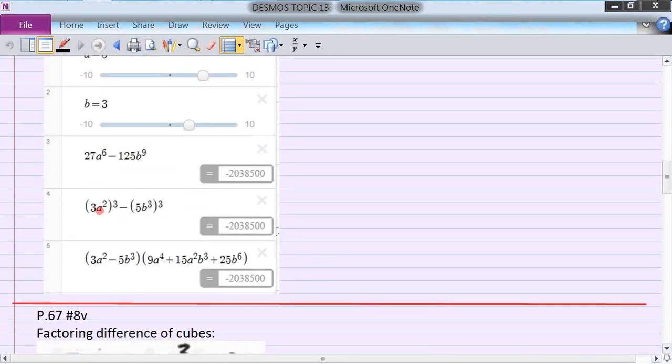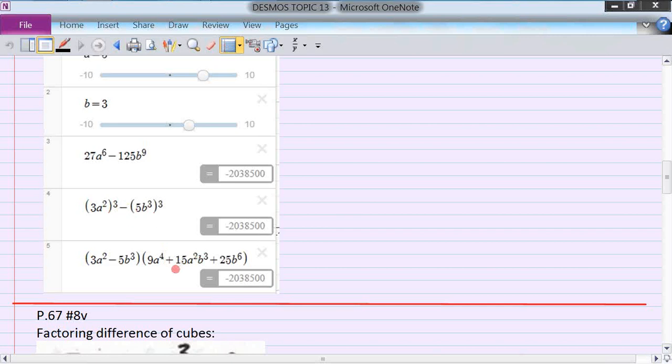And now I can factor this as 3a squared minus 5b cubed. I take the first term and I square it. I get 9a to the 4th. I take the last term and I square it, and I get plus 25b to the 6th. And this one always becomes positive. If it's negative here, it becomes positive here, the middle term.